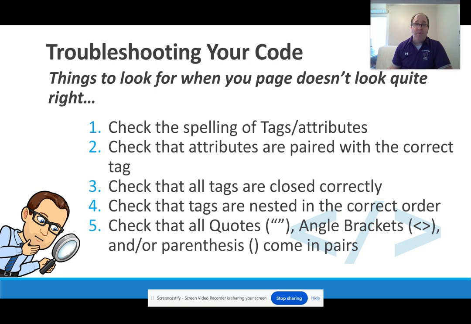This is a very popular one that can cause either a lot of problems or cause stuff to just totally disappear from your pages. In general, quotes, angle brackets, and parentheses need to come in pairs. It's open quote, close quote, open angle bracket, close angle bracket, open parentheses, close parentheses. If you miss those, and especially recently I've seen missing closing quotes.